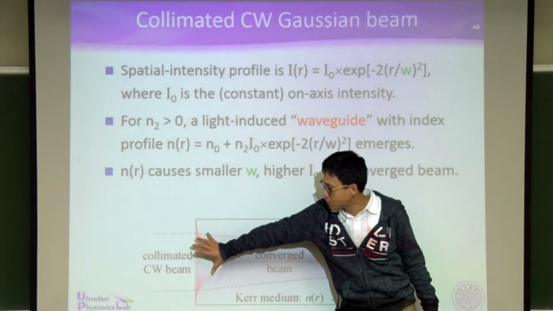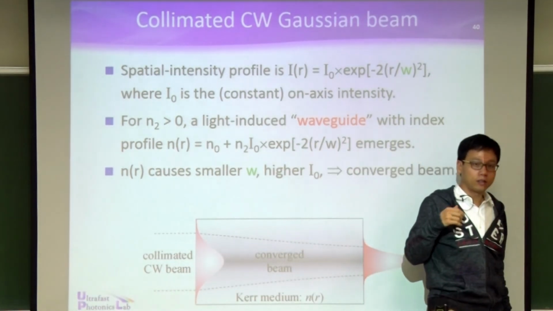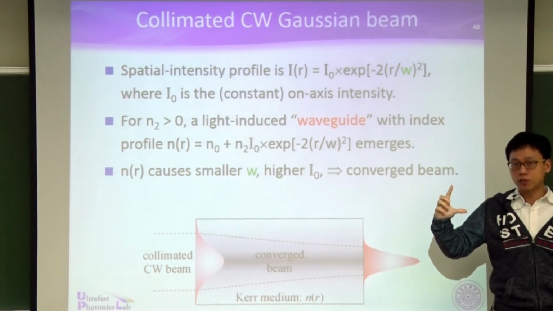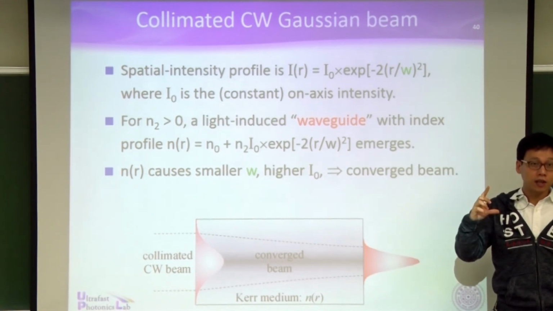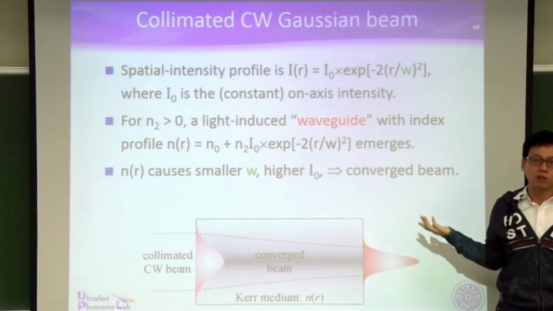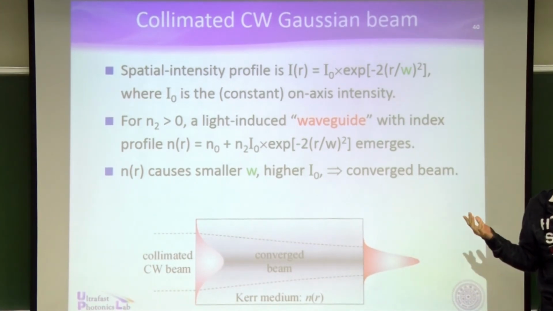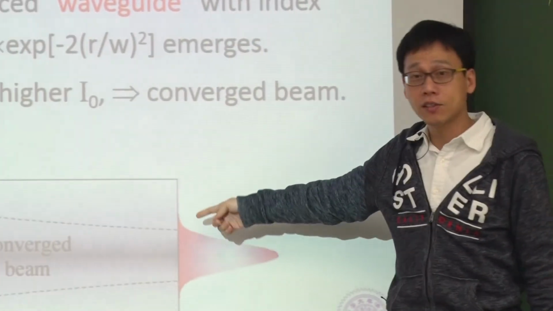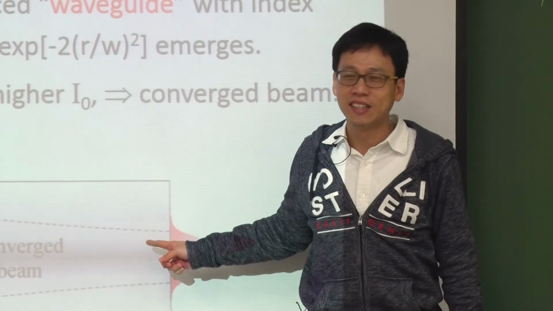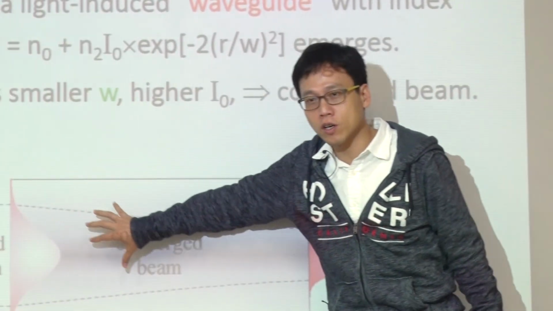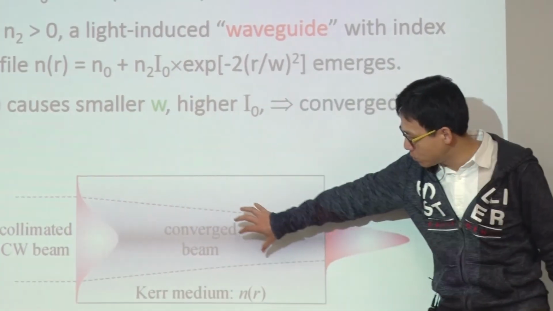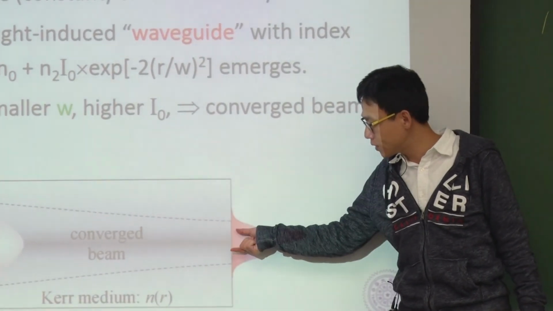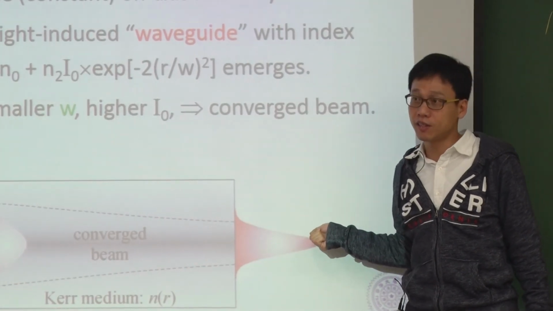So your beam becomes narrower, and this effect will continue. That means when your beam cross-section area is smaller, your light intensity will be enhanced because there is no loss of energy. So if your light intensity is stronger, then it will further enhance the waveguide effect, right? So you will see a stronger and stronger waveguide, so your beam size will be smaller and smaller until at the exit of your material, you will see a smaller beam but with higher peak intensity.